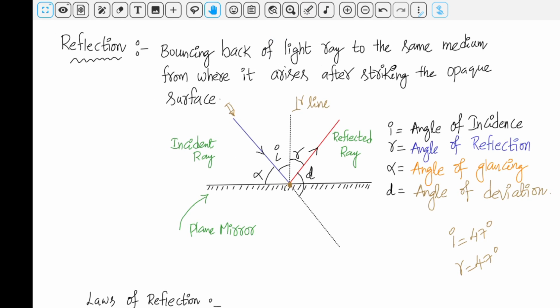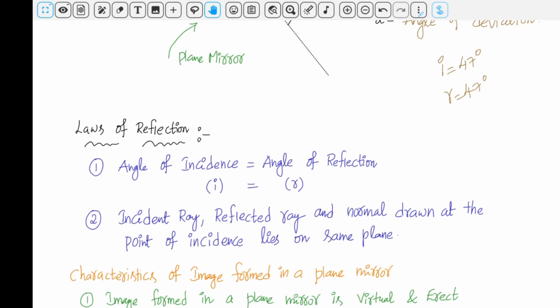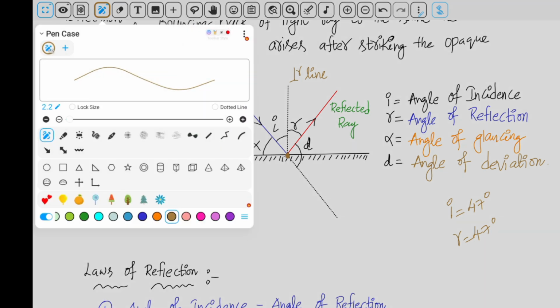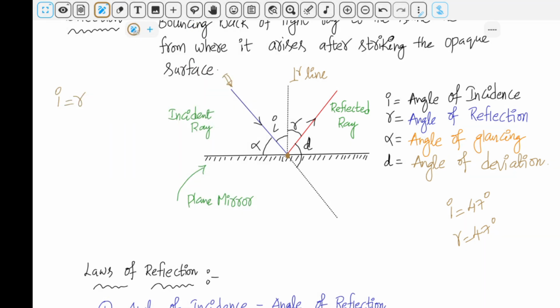Okay. Now after going through the laws of reflection, we will try to understand what is the relation between different angles. Already from the law of reflection, we understood angle of incidence is equal to angle of reflection. Now, what is the relation between angle of incidence and angle of glancing? If you observe from the diagram clearly, this is a right angle because this is a normal which is drawn at the point of incidence.